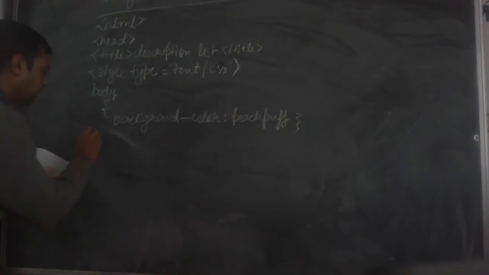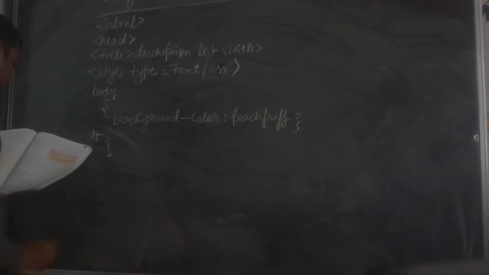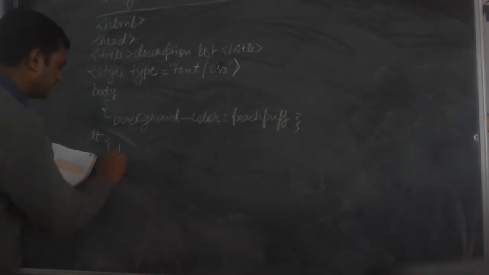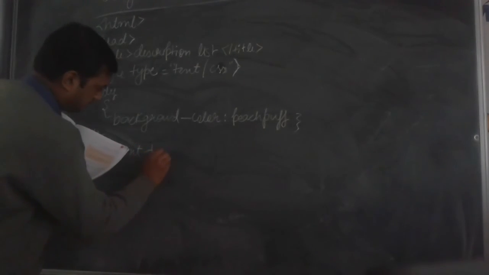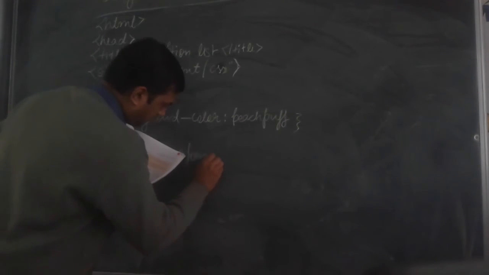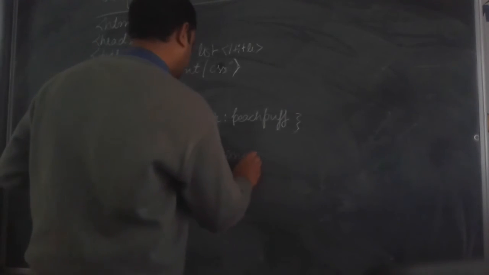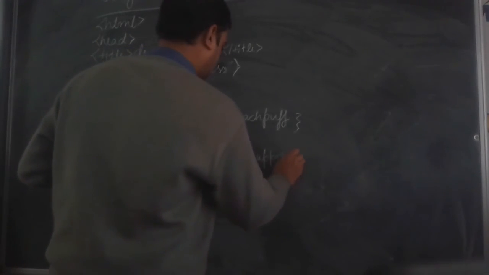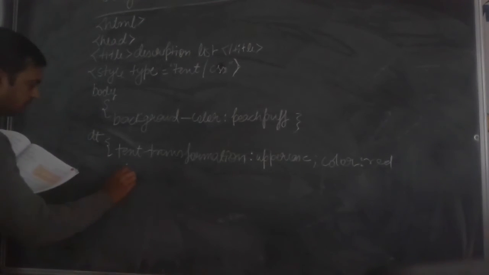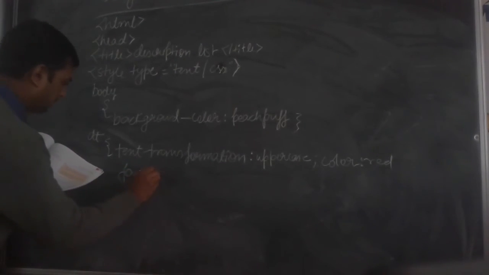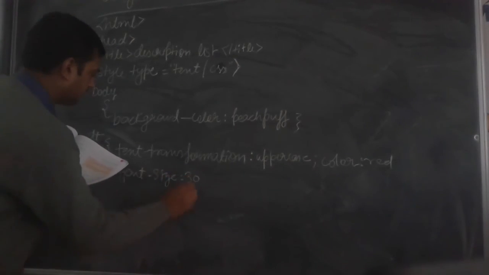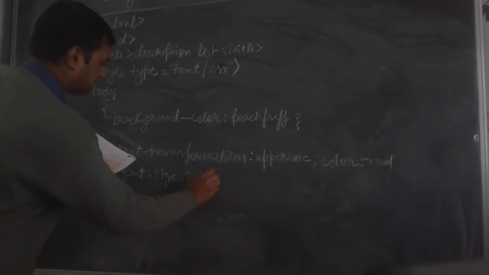Then after I am giving dt and then curly bracket, I am giving text transformation uppercase, color red, font size 30 px.